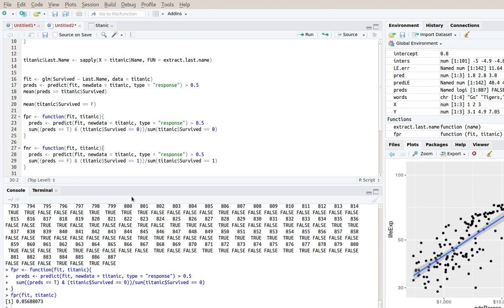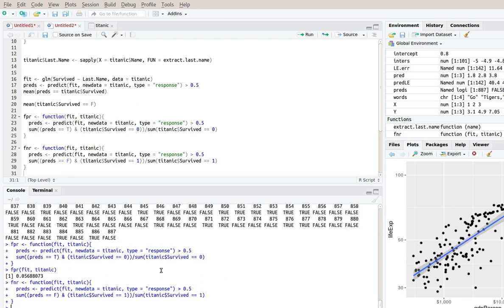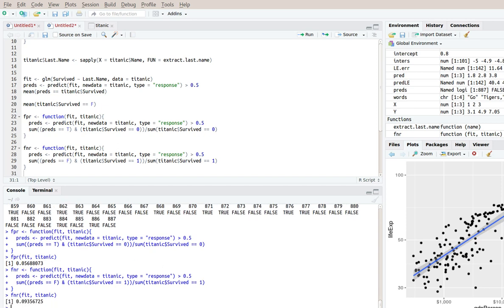So out of the people who survived, we want the false predictions. So we can do FNR fit Titanic, and we see that the false negative rate is 10%.